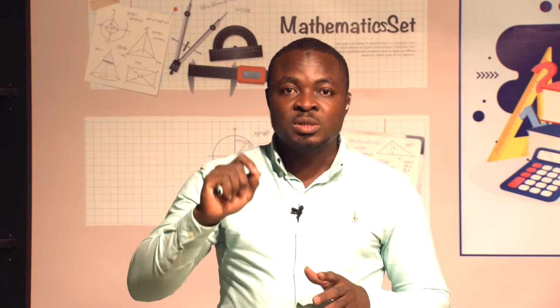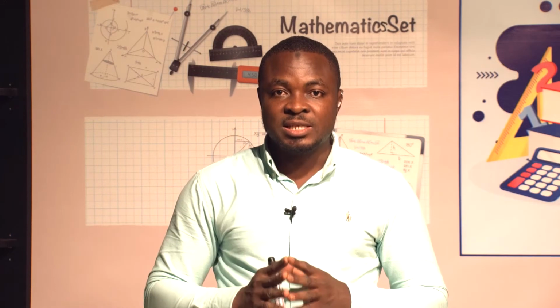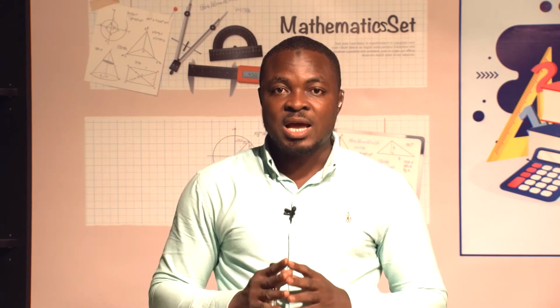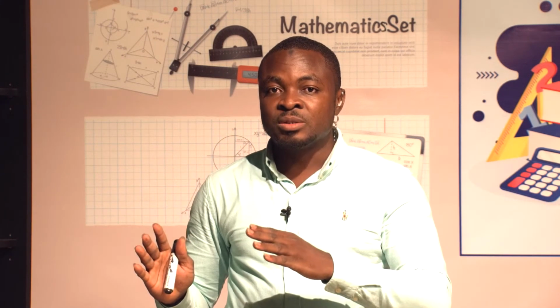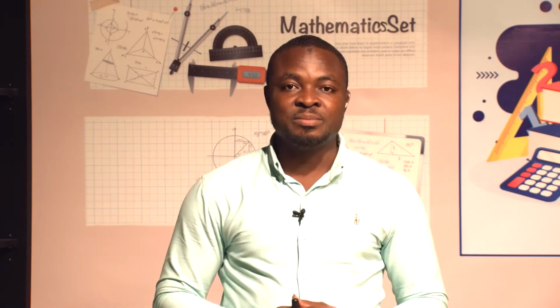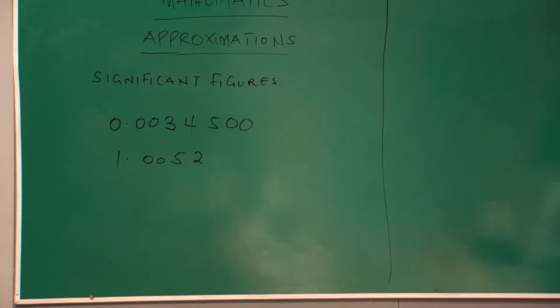If there are any non-zero digits in the statement, then those digits are significant. And if there are any zeros between two significant numbers, then you consider those zeros as significant. So you help me identify the number of significant figures in some expressions that I'll be indicating on the board.